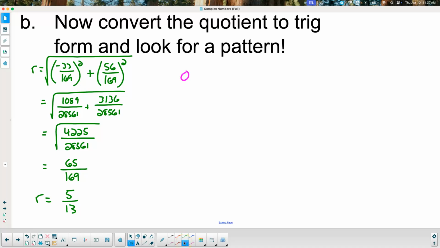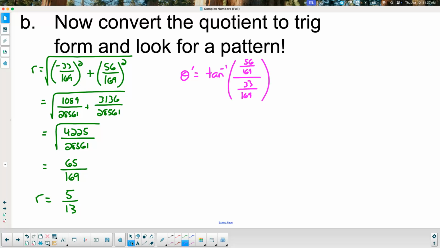Theta prime here is going to be the inverse tangent of 33 over 169 divided by, no, correction, wrong way, 56 over 169 divided by 33 over 169.